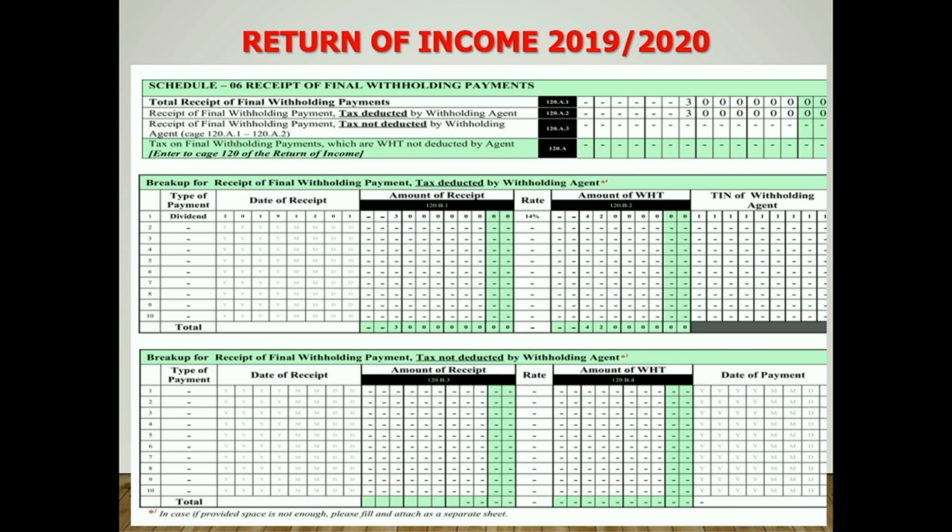If the withholding agent has not deducted the due tax, then you have to fill the subschedule 2, and the balance payable amount should be entered into page 120 of the return of income. Now we have filled all relevant cases of the return of income.